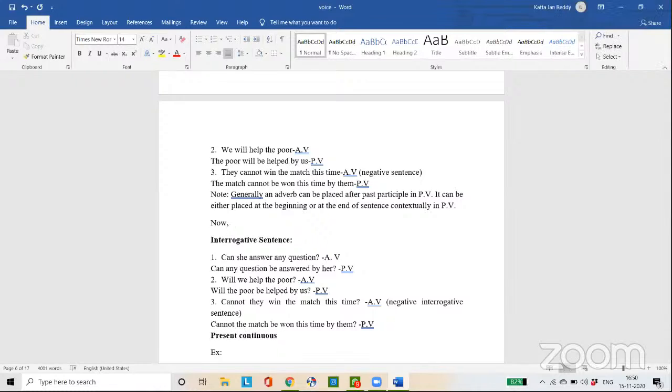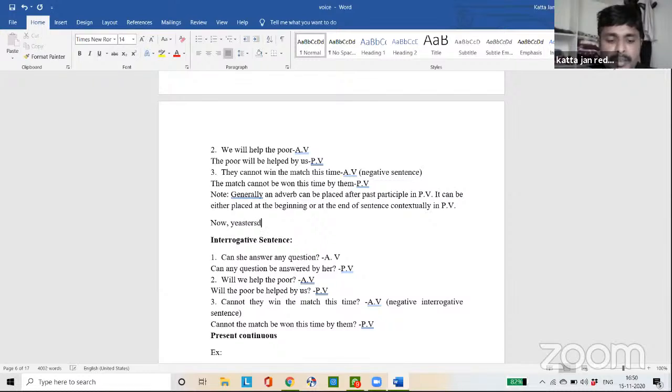And yesterday is the time, a word that indicates time. Next, tomorrow. Tomorrow is the time. Next, 2 days. 2 days is a word that indicates time.